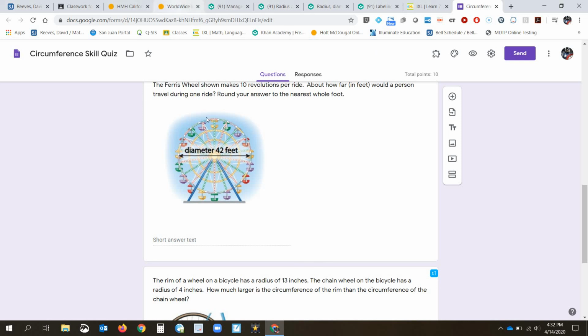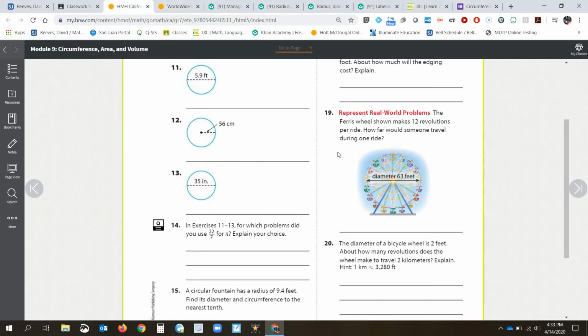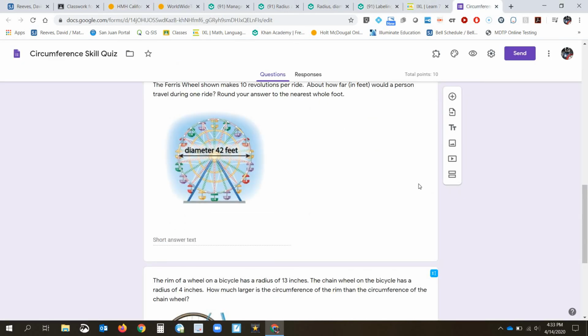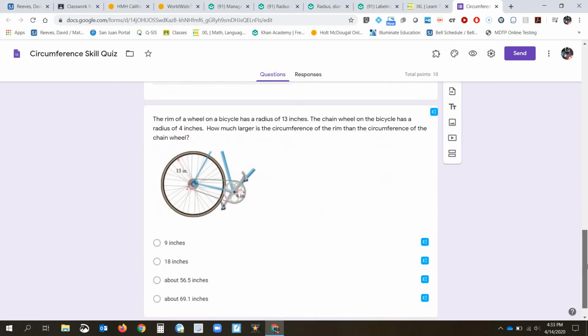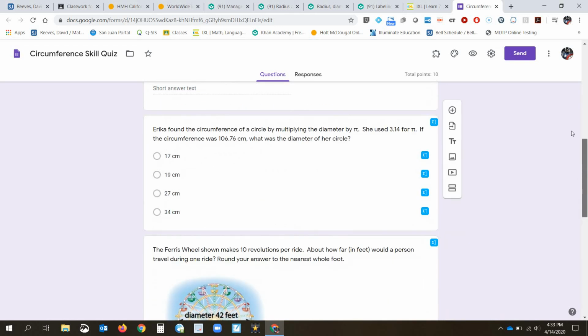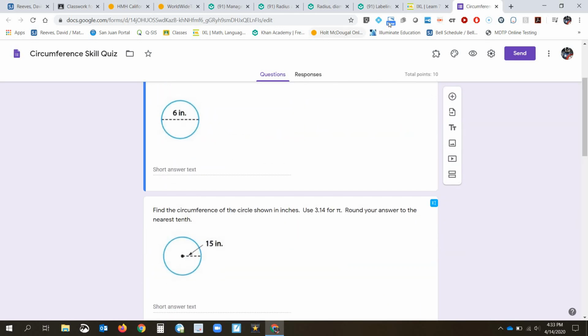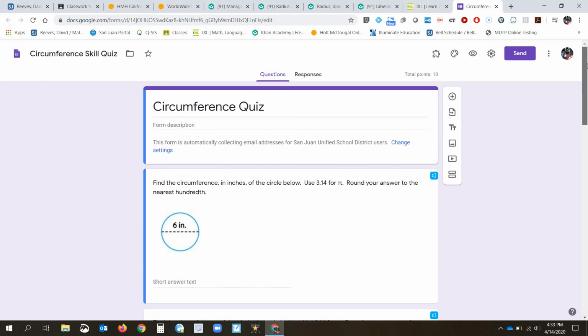All right, the textbook one had a diameter of what? 63 feet. On the skill quiz, we have a diameter of 42 feet. But other than that, it's the exact same problem. Now, not everything will be coming from the textbook. I may pull some stuff from Khan Academy. I may pull some stuff from IXL. But if they've done that practice, then it really should be reflected in these scores.